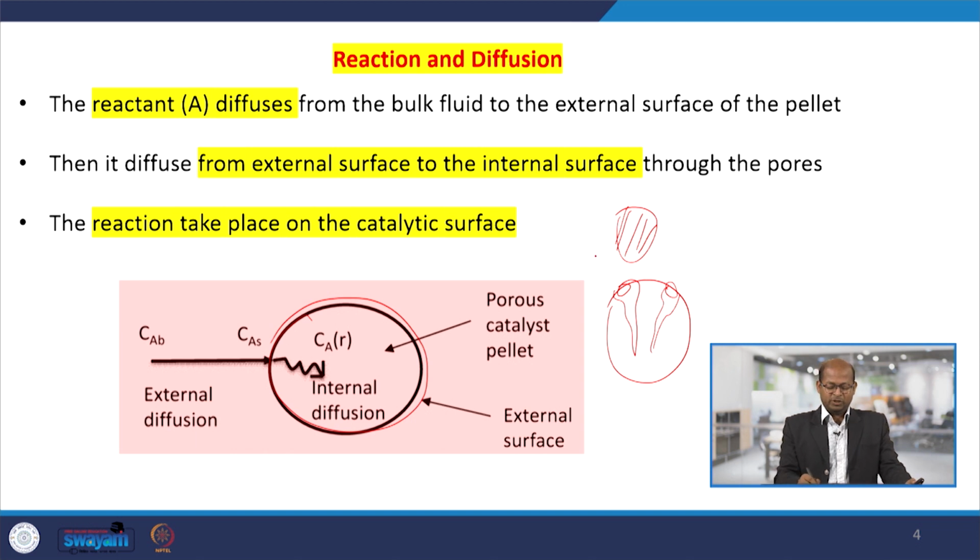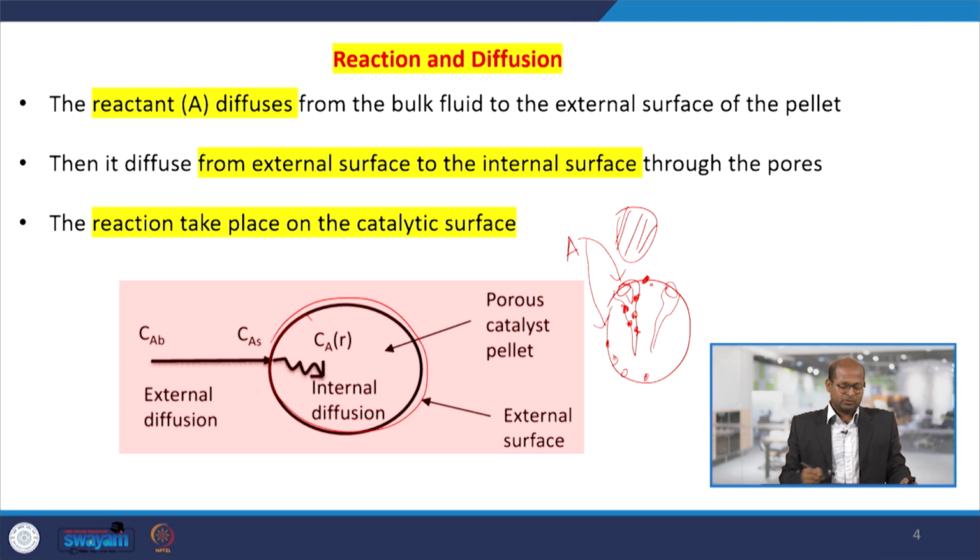So many pores are there. When reactant molecules come, they interact with the surface where active sites are present. These are the active sites, let us say, but since the active sites are present inside the pores, reactant molecules have to diffuse through the pores to the internal surface, and then they reach the active sites, and then the reaction is possible.